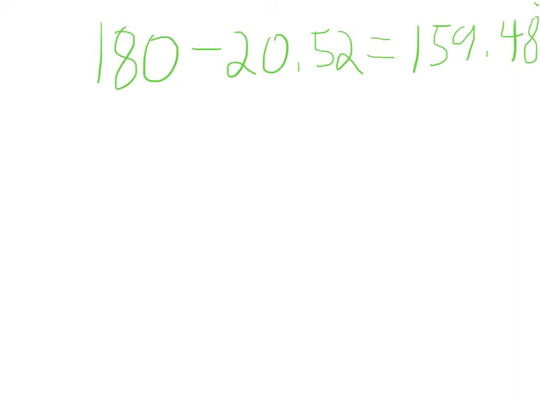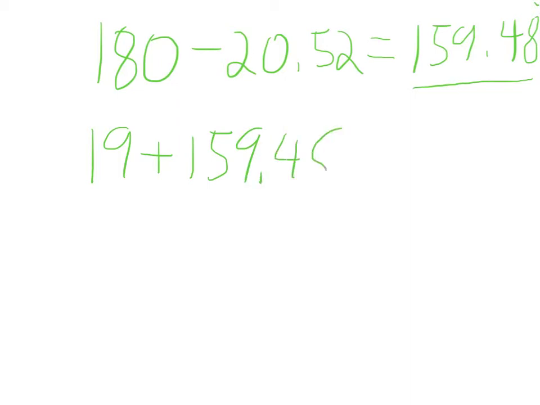Now that you have your new angle B, you can use your given angle A, 19, and add that to your new angle B to find your new C, and that gives you 178.48.